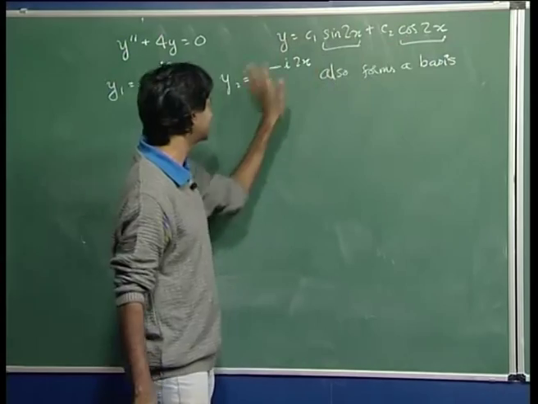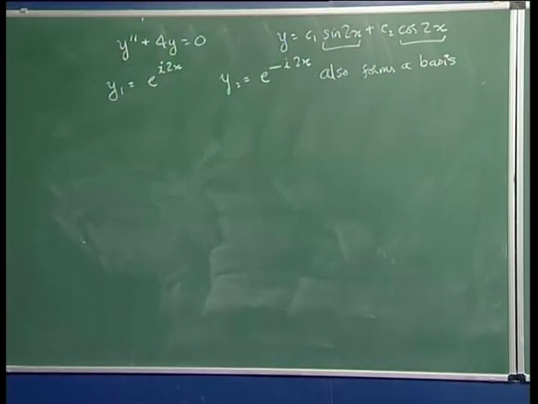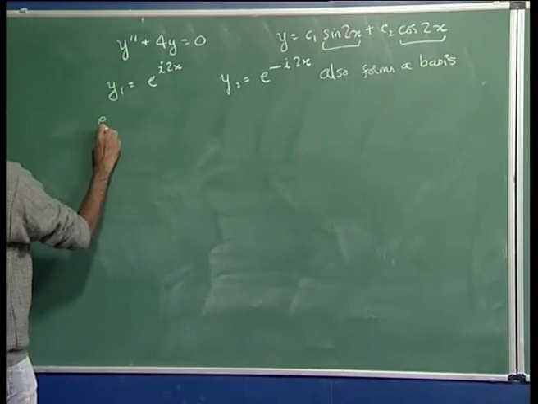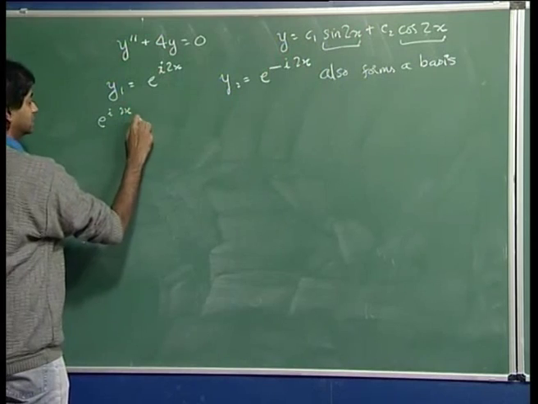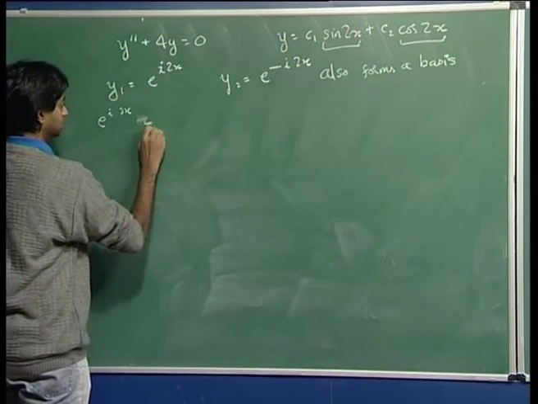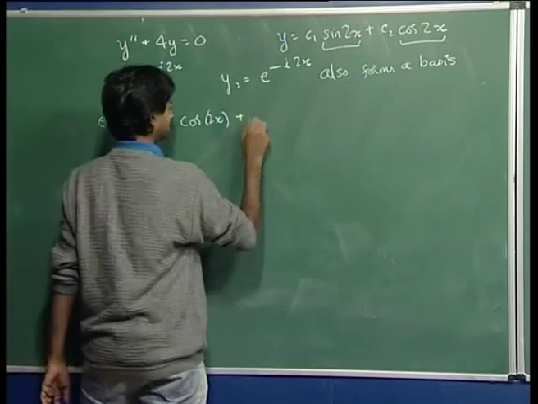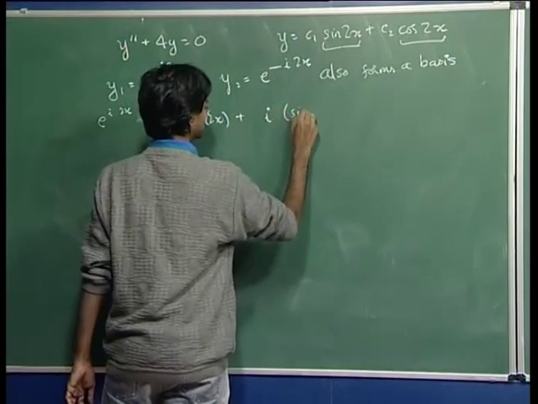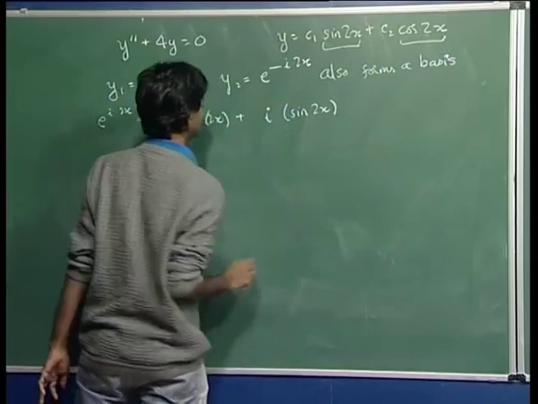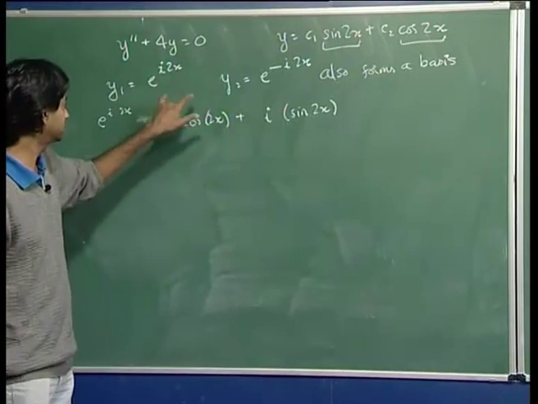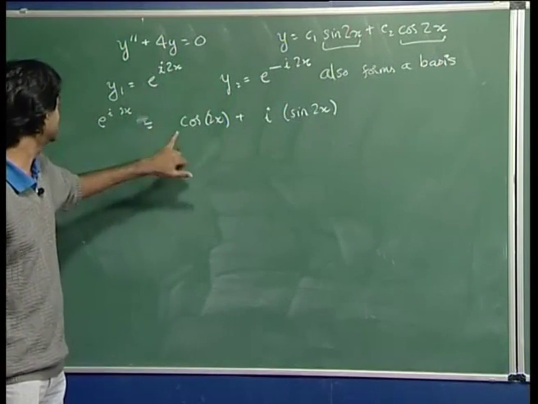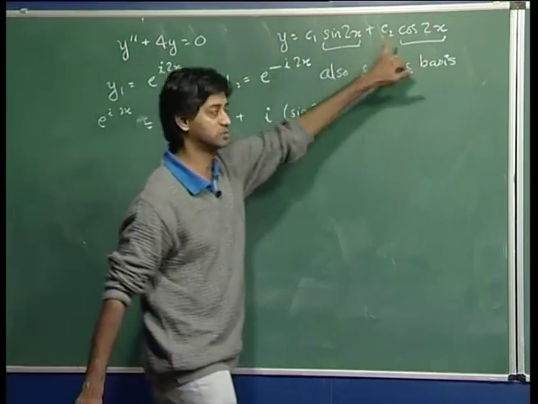That implies that our original basis is not a unique basis, there can be other bases also, and that should be fairly obvious because you can write e to the i into 2x is equal to cos 2x plus i sin 2x. So we wrote y1 as a linear combination of these two bases.